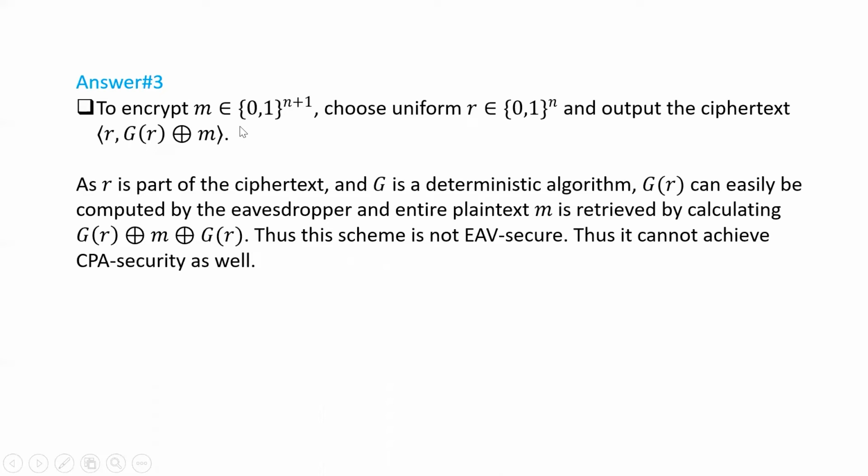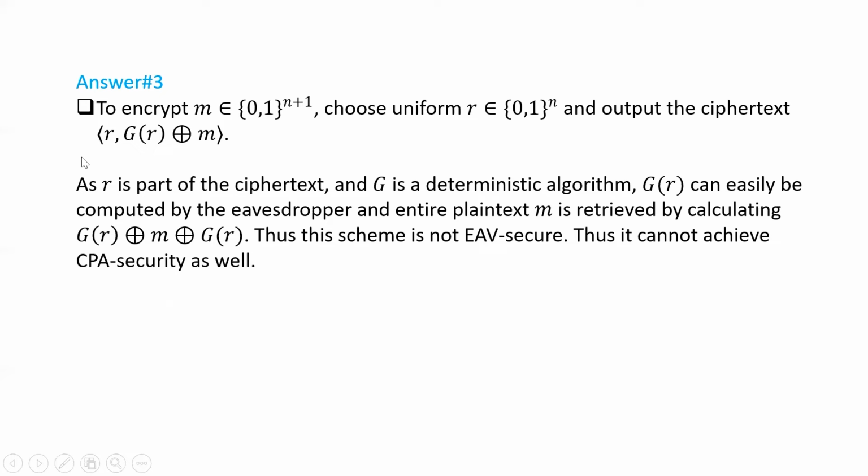So there is nothing secret really in the ciphertext, as R is given and G being a PRG whose algorithm is publicly known. The only unknown part in the view of the adversary for a PRG output should be the seed. But here, as R is also provided as part of the ciphertext, G of R can easily be computed by any eavesdropper.